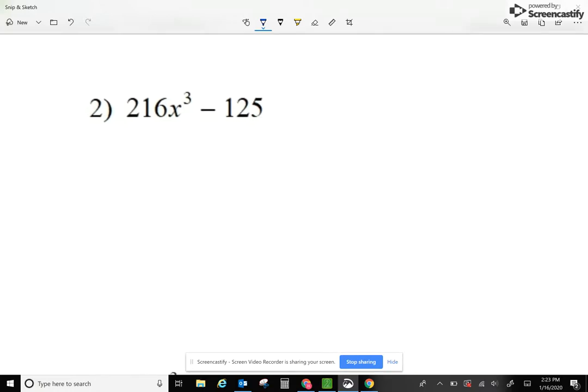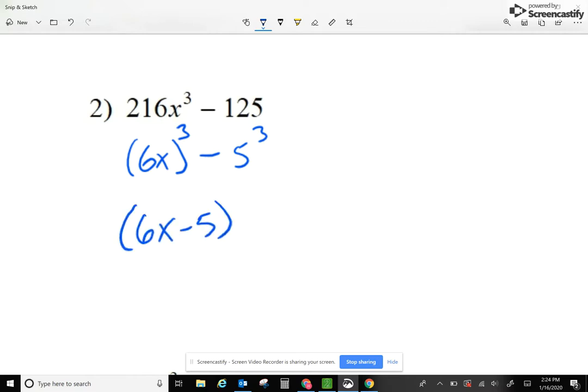First, let me try to write everything to the third power. I'm going to write this as 6x to the third power minus 5 to the third. My first parenthesis is going to be 6x minus 5. My second parenthesis, I look at my first term. 6x times 6x gives me 36x squared.